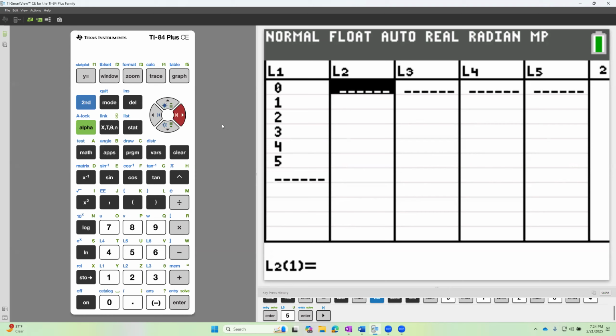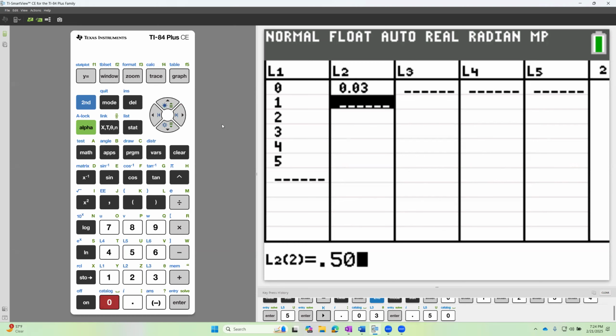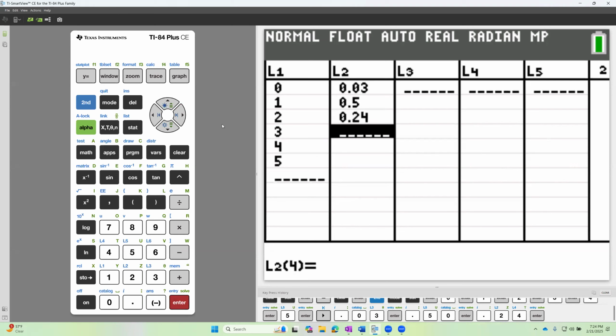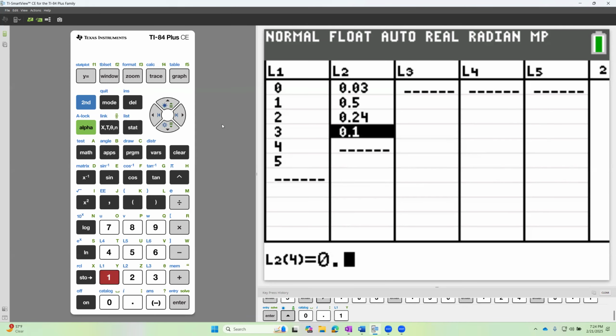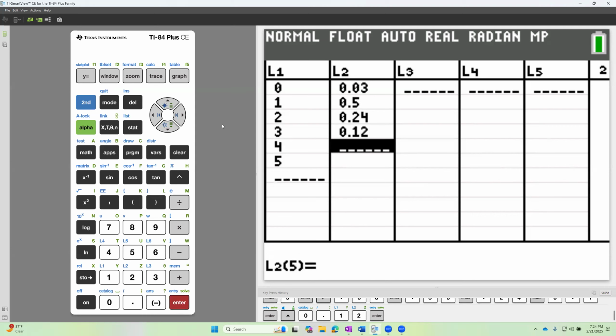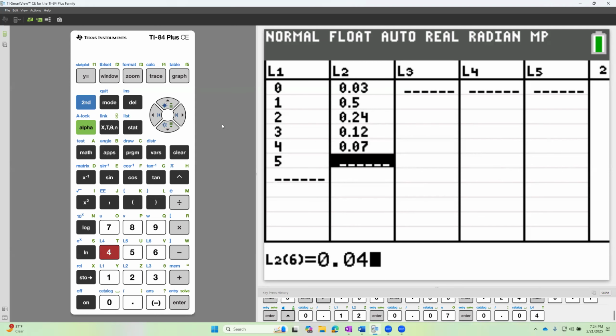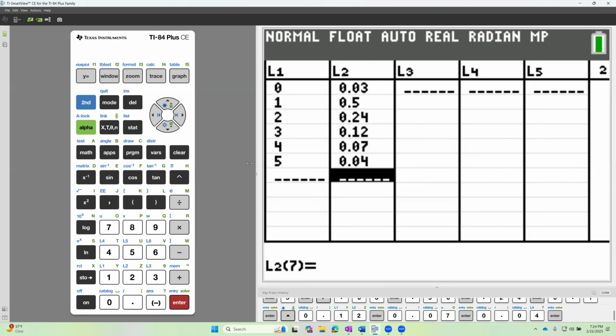So it'll be 0.03, 0.50, 0.24, and then the one we found was 0.12. Oops, let me fix that. 0.12, 0.07, and 0.04. Okay, everything looks good.